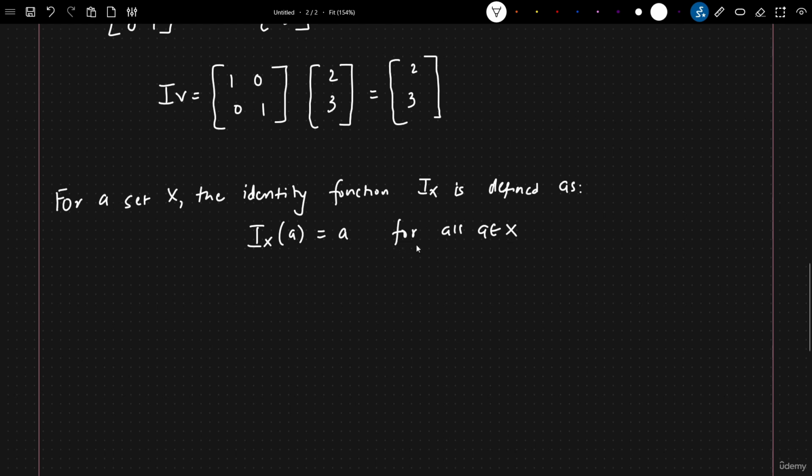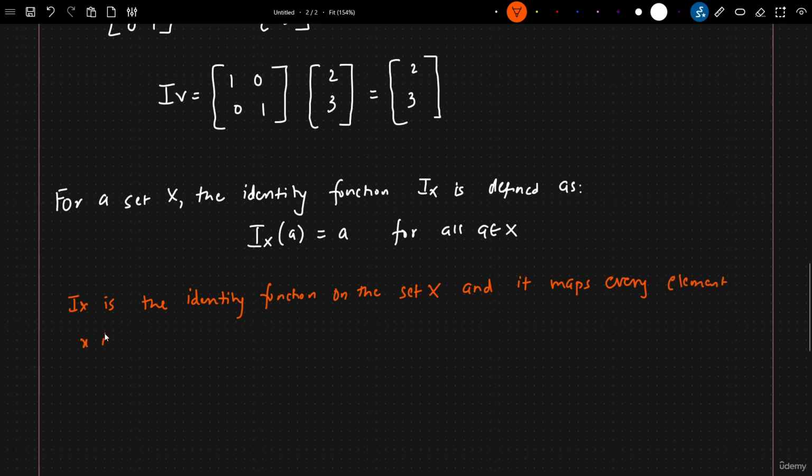Okay, so A is just an element with respect to X. Here we can specify that I of X is the identity function on the set X, and it maps every element X in X to itself.